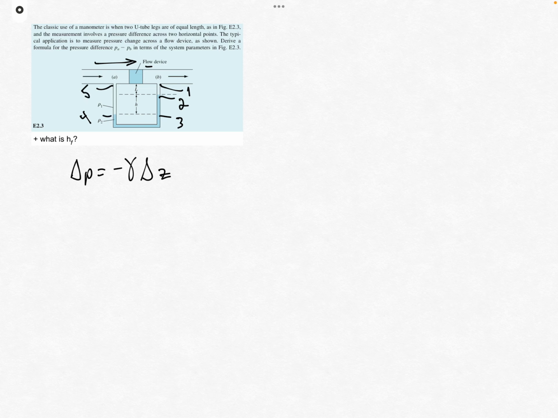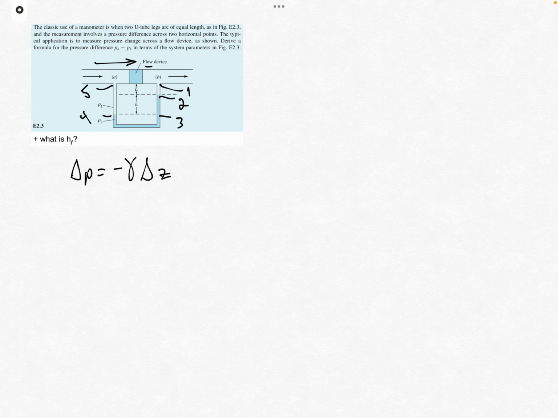And we'll note that PA is equal to P1, but by writing it out like this, it'll help us keep track of it a little bit better. And we're just going to march from position 1 back to position 5 applying this equation, delta P is equal to minus gamma delta Z.